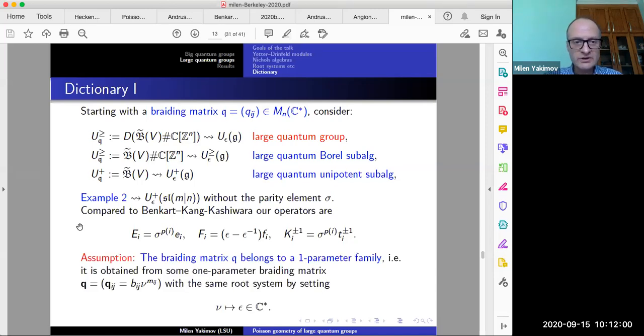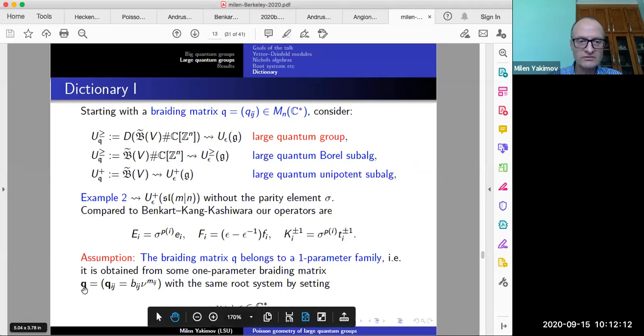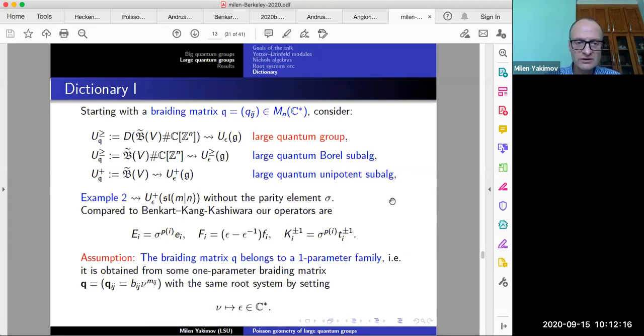One assumption that we're going to make is that the braiding matrix Q belongs to a one-parameter family. In other words, there is a one-parameter braiding matrix. This is going to be called boldface Q. And this boldface Q matrix is going to look like a complex number b_ij times a free variable nu raised to some integral power.